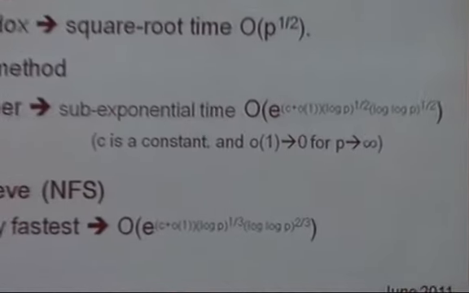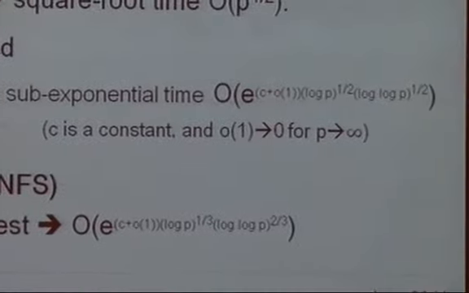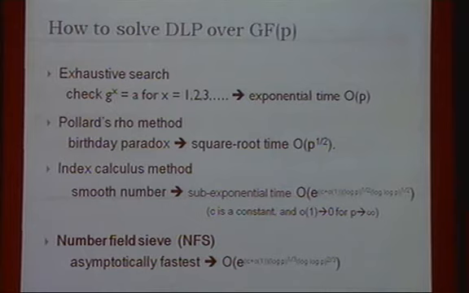This exponent makes the speed of solving the DLP much faster, especially for large numbers. In this talk, I want to deal with NFS in the second part. At first, I want to explain these two methods, Pollard's rho method and the index calculus method.